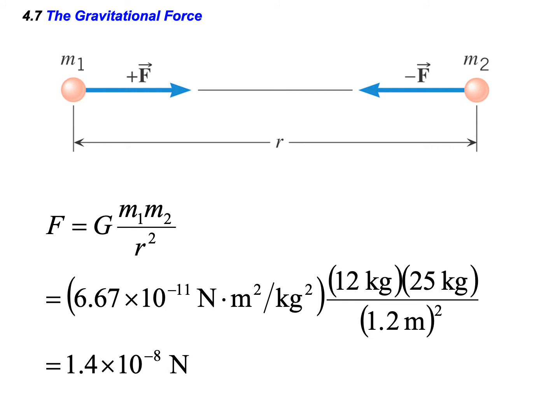So meters square you can cancel with meters square, and also kilogram square you can cancel, and you are left with the unit Newton. We know when you calculate the force, your final answer is supposed to have the units of force. So when you substitute the right units, you end up with the right unit for your final answer.